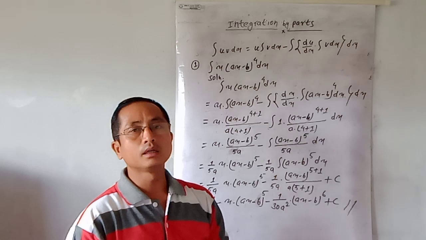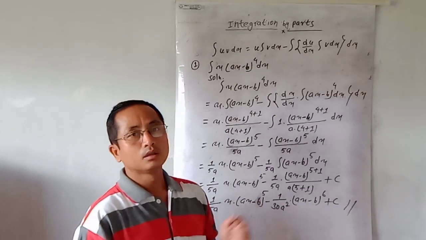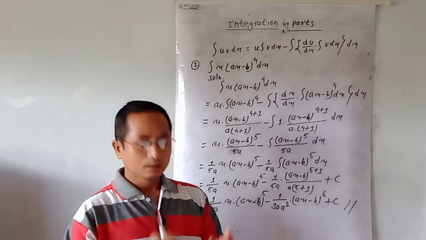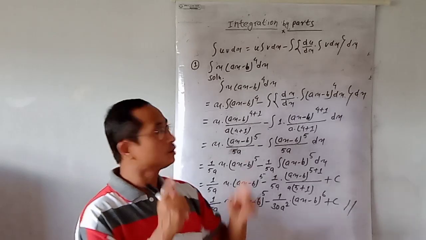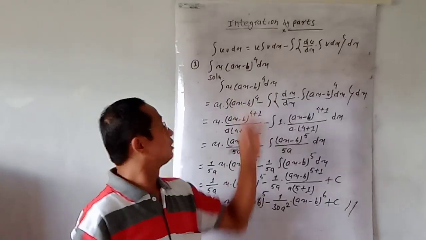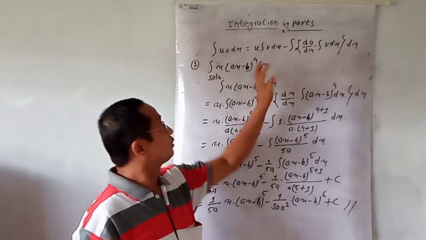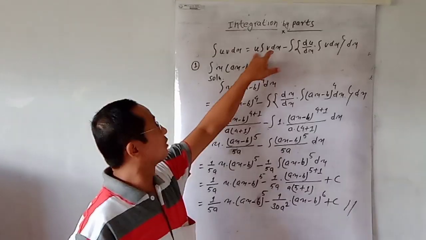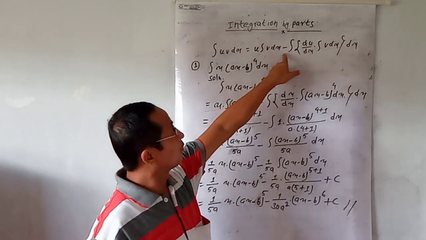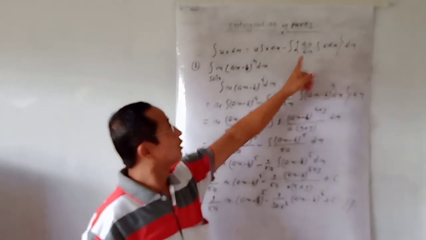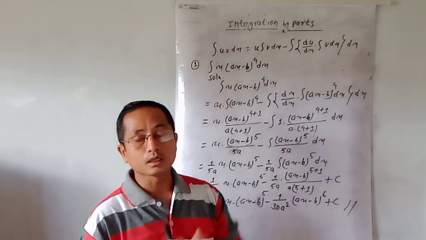When the integrand is in the product form u into v dx, where u is one function and v is another function, both in product form, we should use the formula: the first function multiplied by the integration of the second function, minus the integration of the product of the derivative of the first function and the integration of the second function.